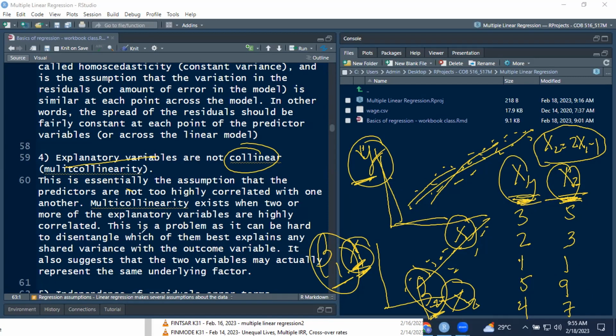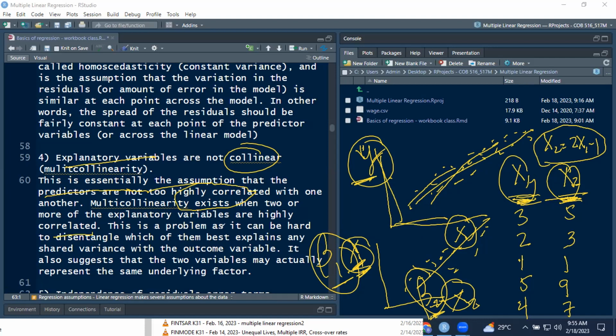Okay? So, we don't want the predictors to be highly correlated. In this case nga, perfect collinearity to eh. So, high correlation is not good. All the more perfect collinearity, hindi pa pwede yan. So as we said here, multi-collinearity exists when two or more of the explanatory variables are highly correlated.